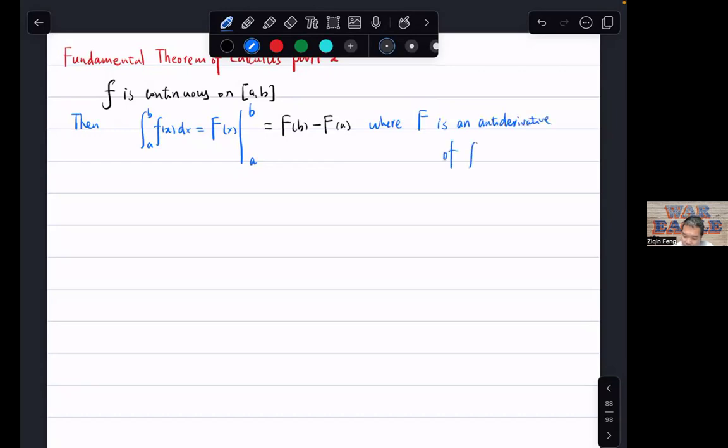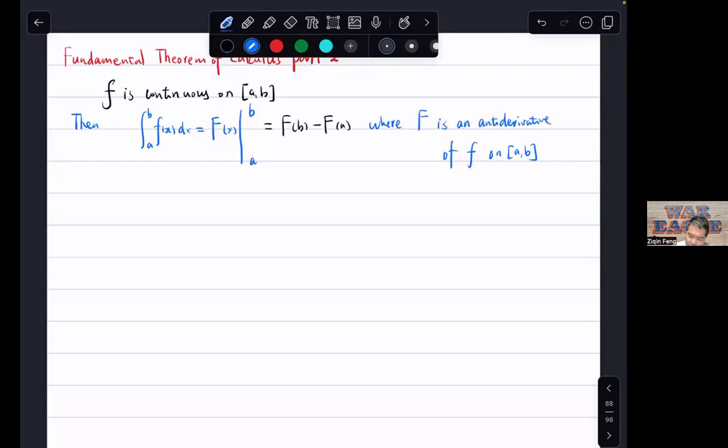This is a direct implication of the fundamental theorem of calculus part 1. So you can derive this result directly from part 1.